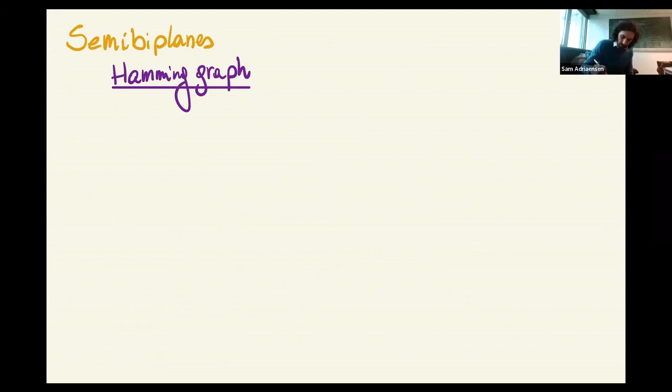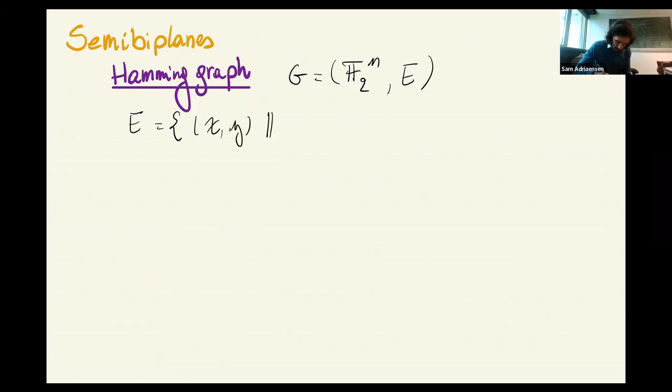Now, if you look at the Hamming graph, this means you take a graph G, where your vertices are binary vectors of a certain length n, and your edges consist of pairs of vectors x and y, such that there exists a unique position i where x_i and y_i are different.